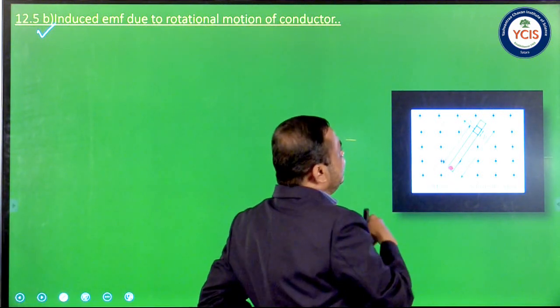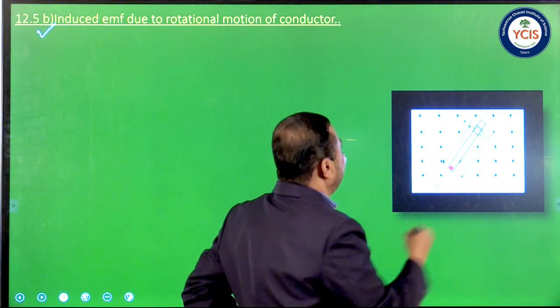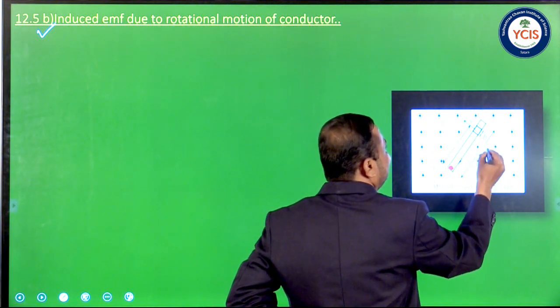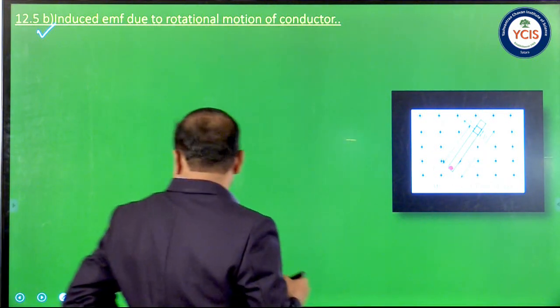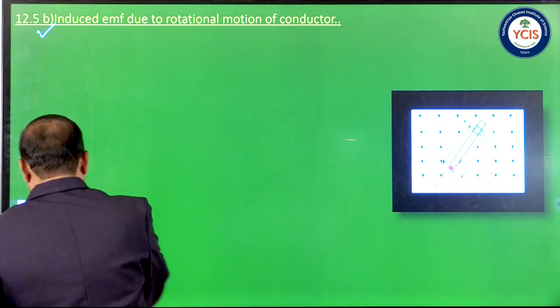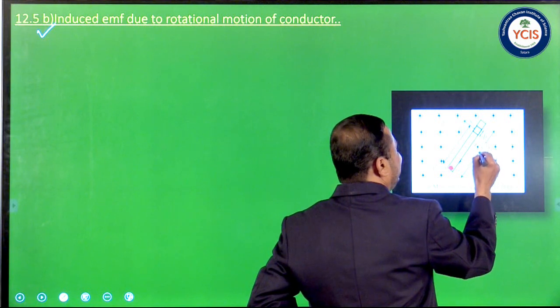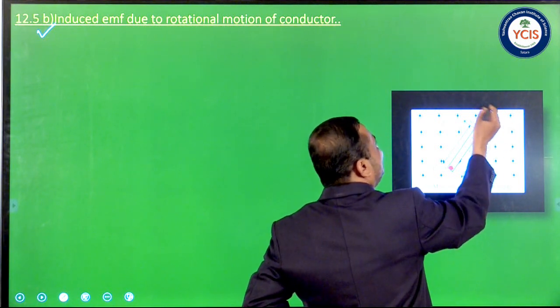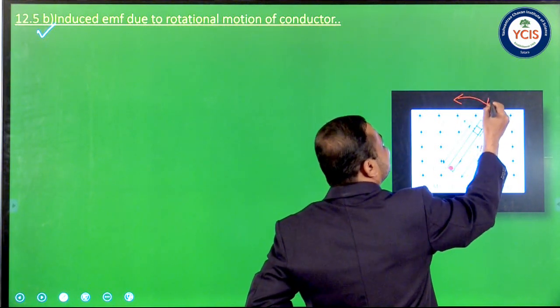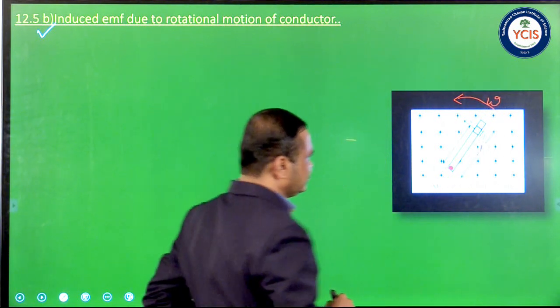This conductor of length L, pivoted at one end, rotates with a uniform angular velocity omega.